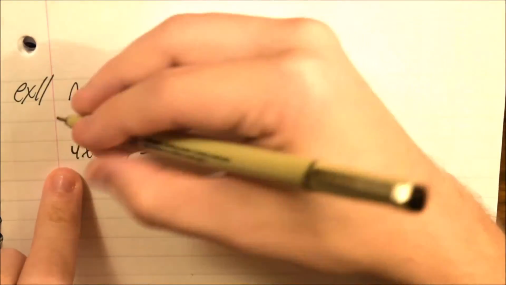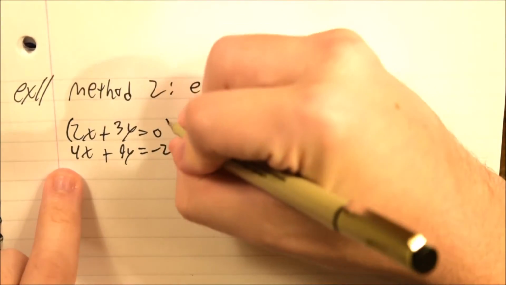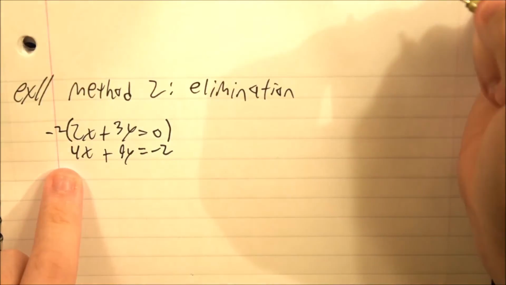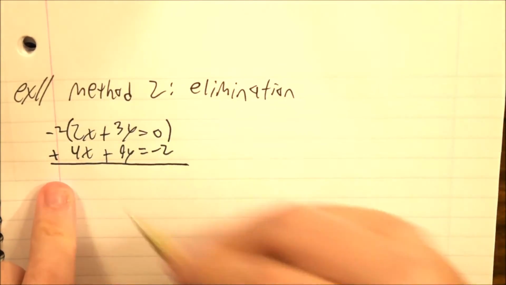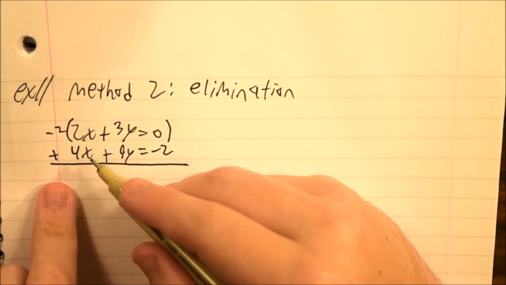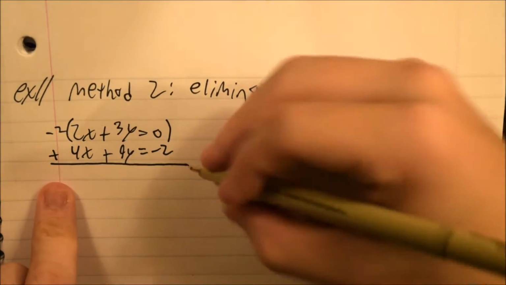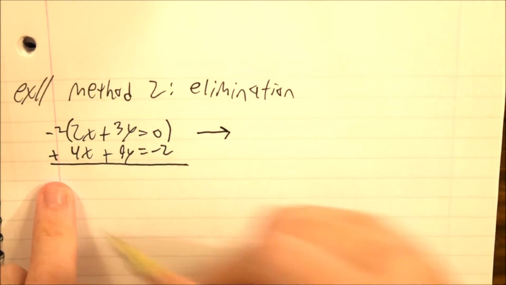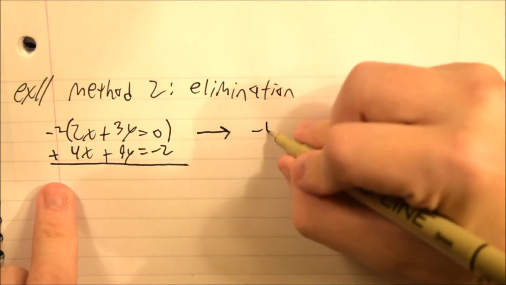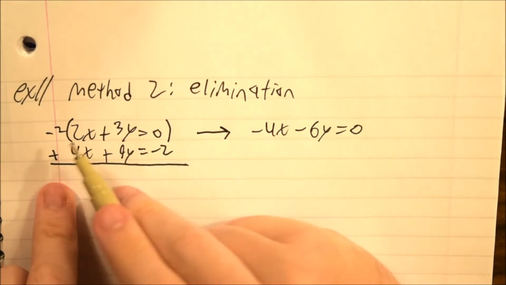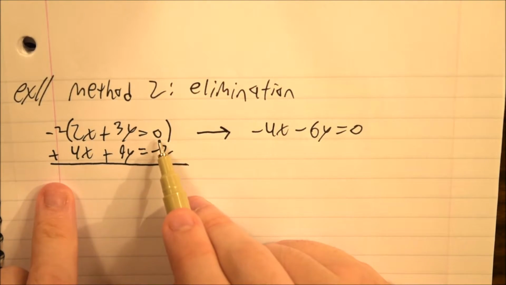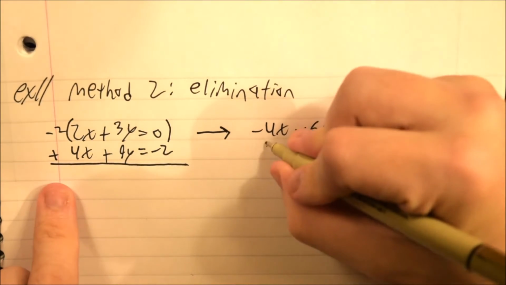So if I multiply the entire top equation by negative 2 and then add them together, the x variable is going to be gone. Let me write out what that looks like first. If I multiply by negative 2, I get negative 4x minus 6y equals 0. I have to multiply the entire thing by negative 2, but 0 times negative 2 is conveniently 0 still. The second equation stays the same.